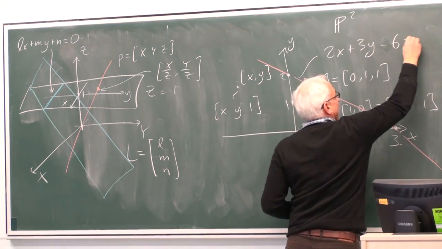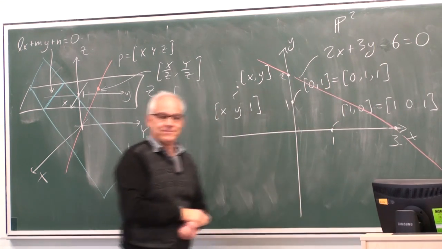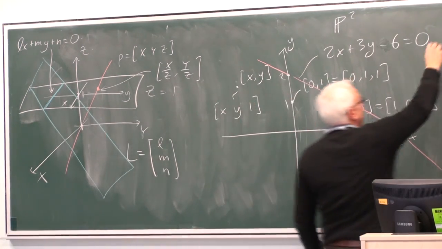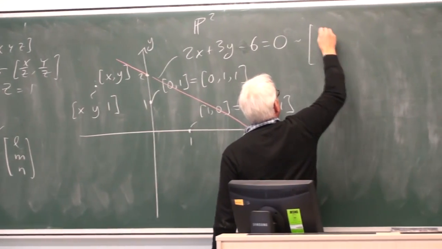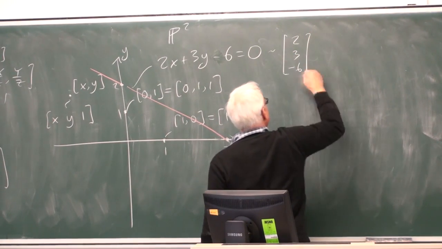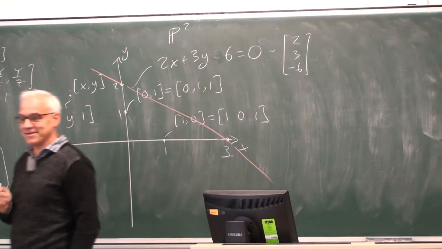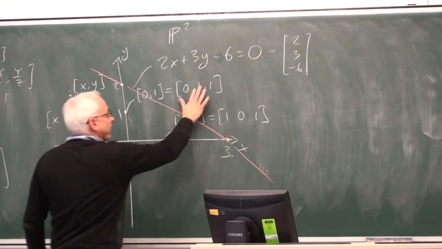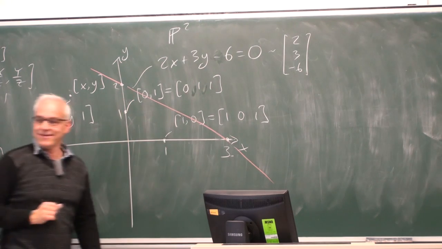So let me write it as minus 6 equals 0. And now I'm going to just write that with our notation. So that's really the same as the projective column 2, 3, minus 6. Yes? Do we not have the commas at 0 1 for the projective notation? Exactly. No commas. Thanks.